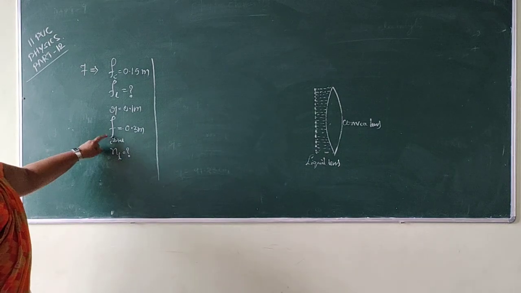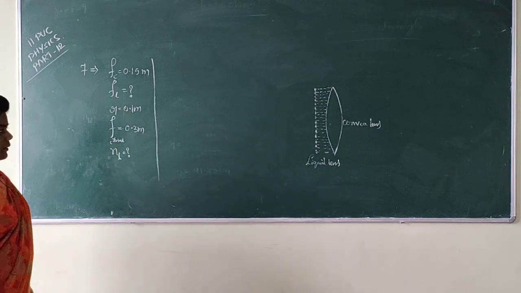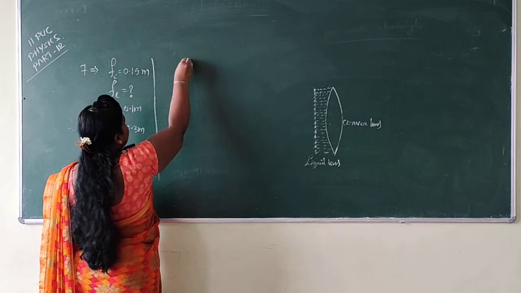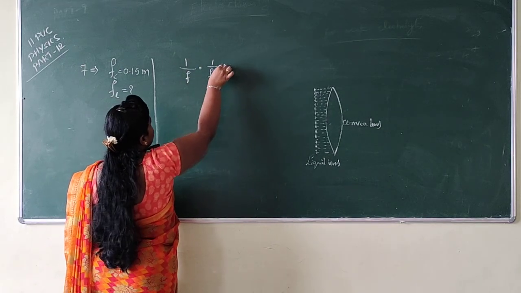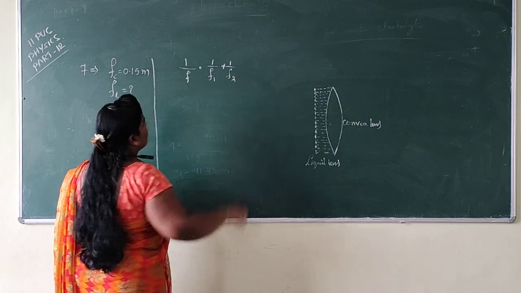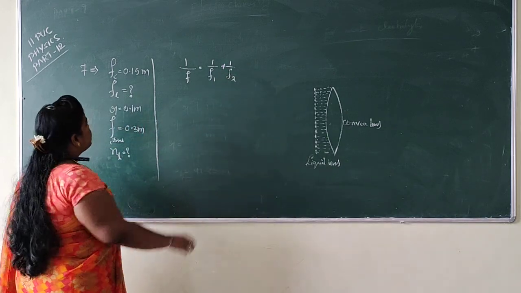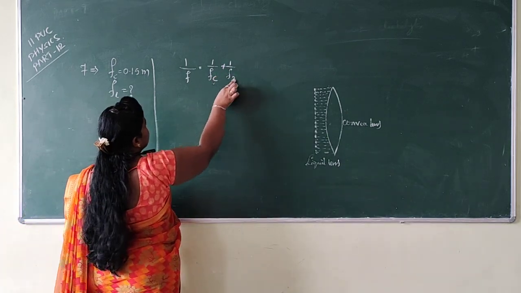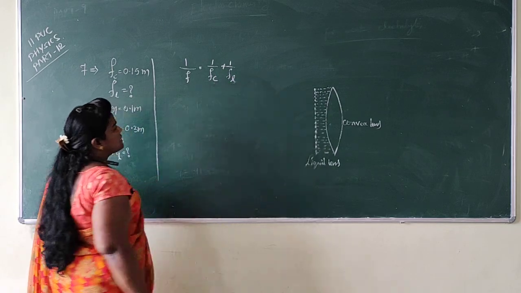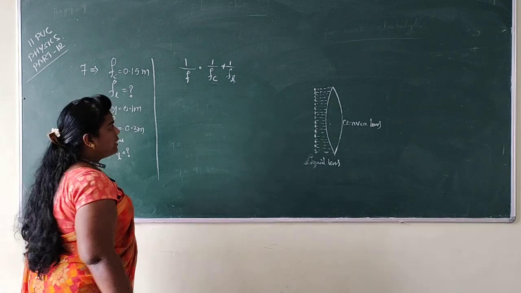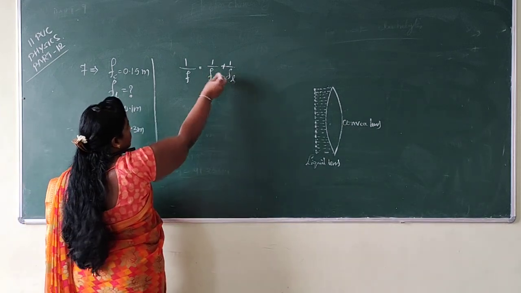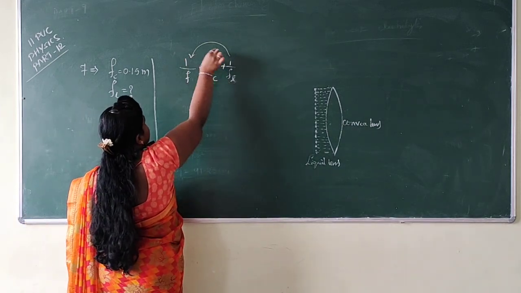But now let us calculate the focal length of the liquid lens. Dear students, you know that for a combination of lenses, 1 by f can be written as 1 by f1 plus 1 by f2. But here we have one convex lens and another one is the liquid lens. I want to calculate the focal length of the liquid lens, so just replace the terms.